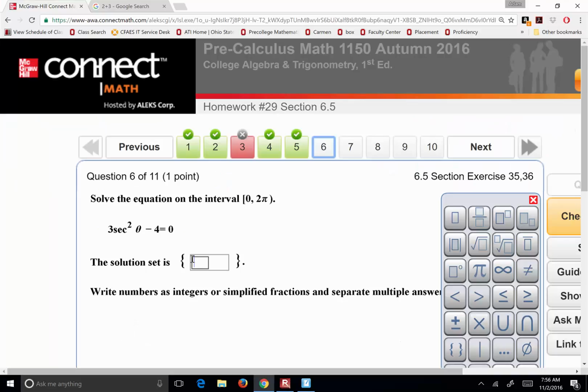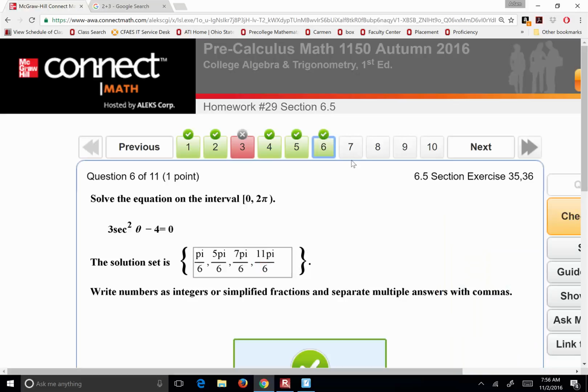It's pi over 6, 5 pi over 6, 7 pi over 6, 11 pi over 6. Alright, there are 4 solutions. Any questions?